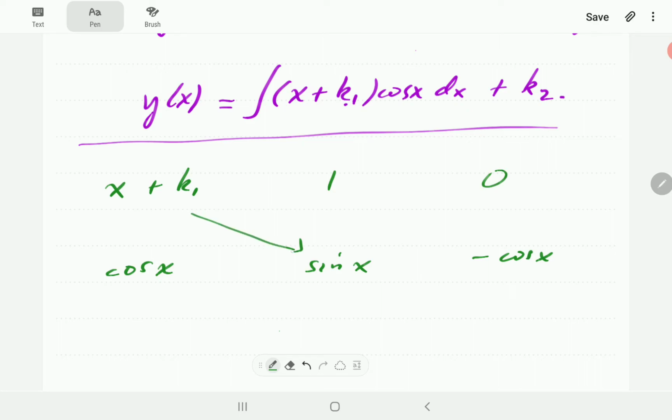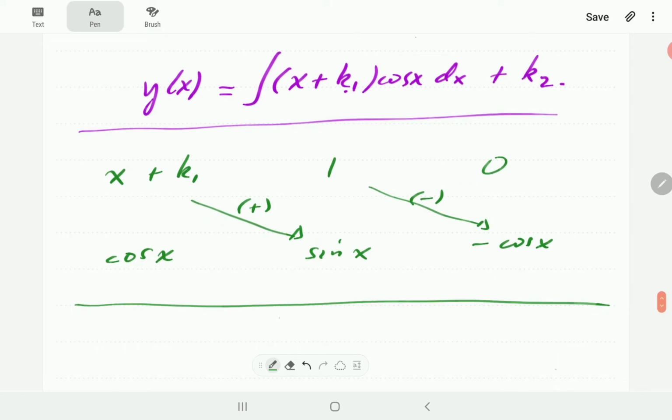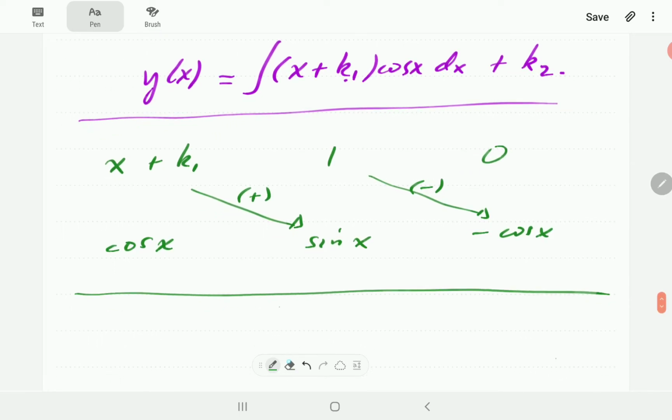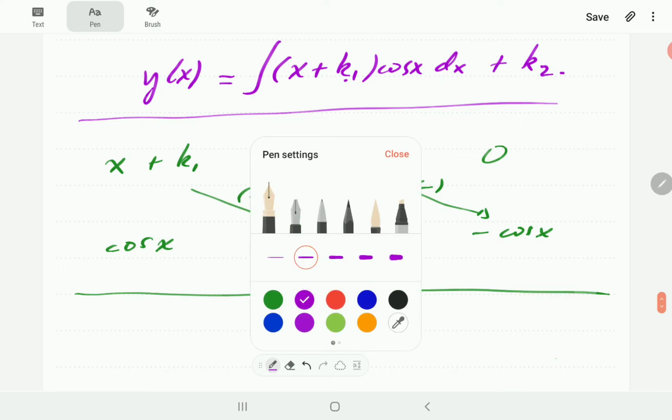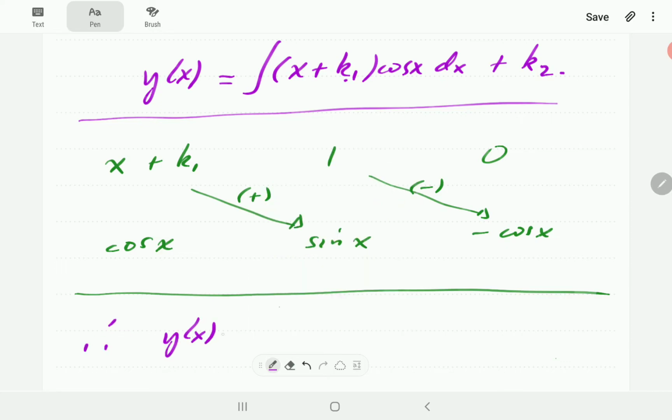So then we match the first to the second. The first pair is always plus, and then the signs alternate. All right. So that means we can now write y. So y of x is going to be x plus k1 sine x plus cosine x plus k2.